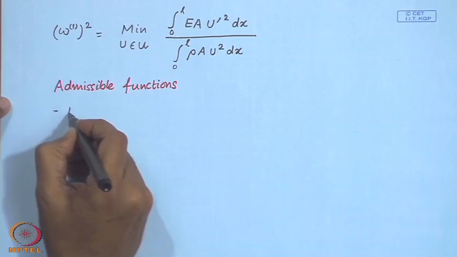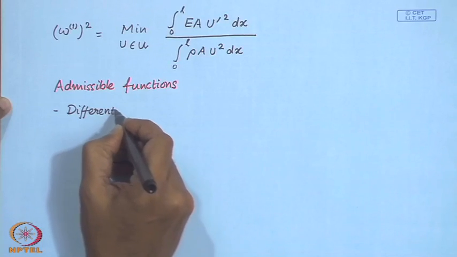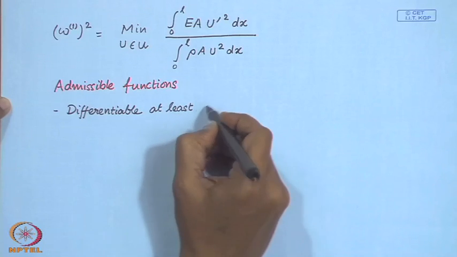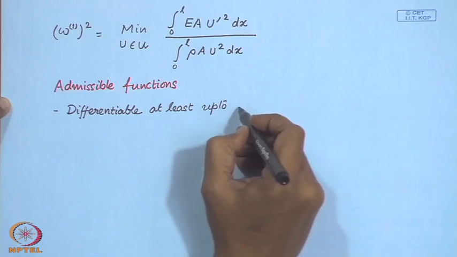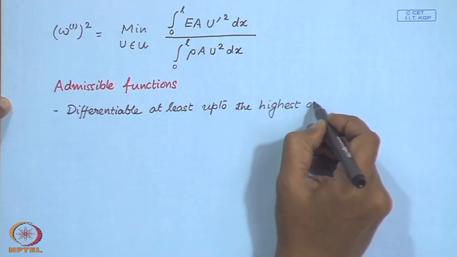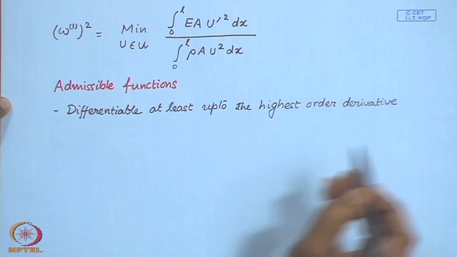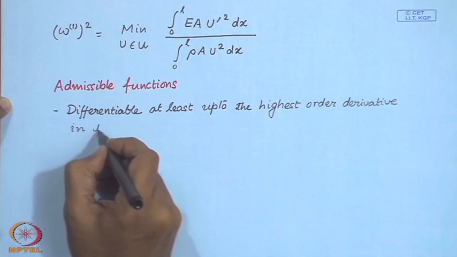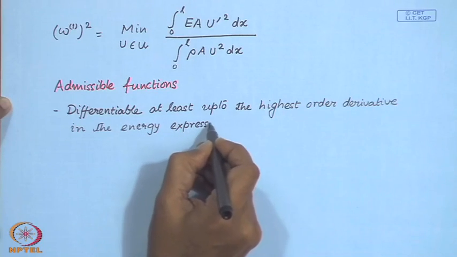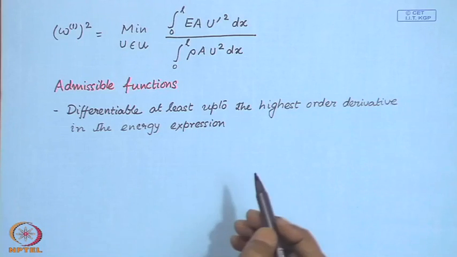The first property is it is differentiable at least up to the highest order of spatial derivative in the energy expression.